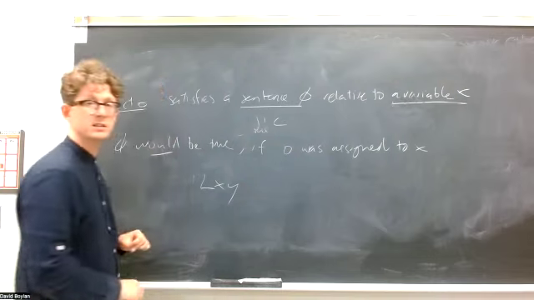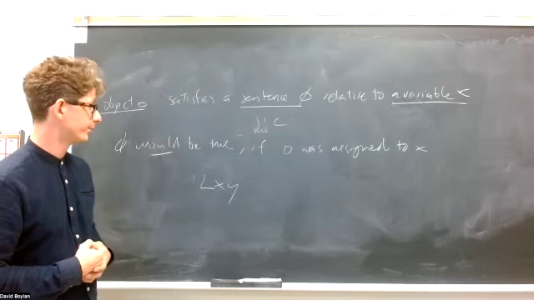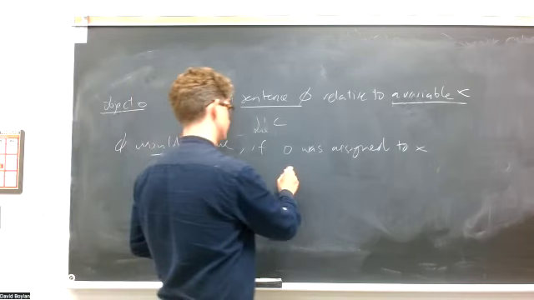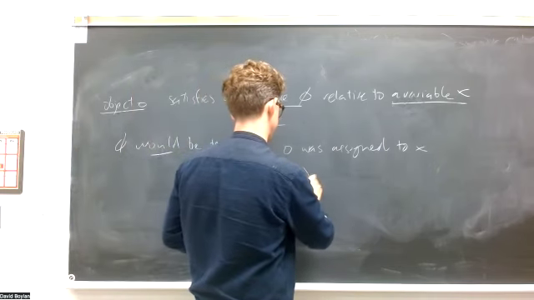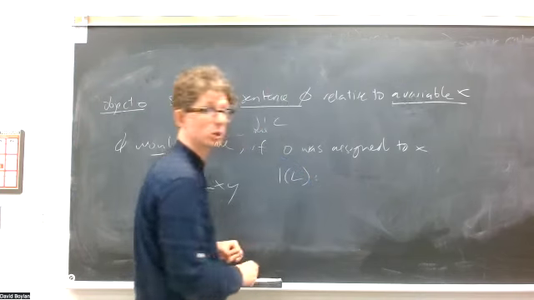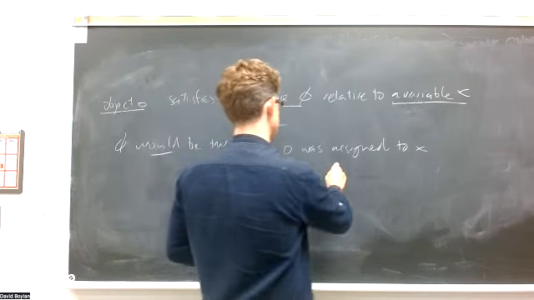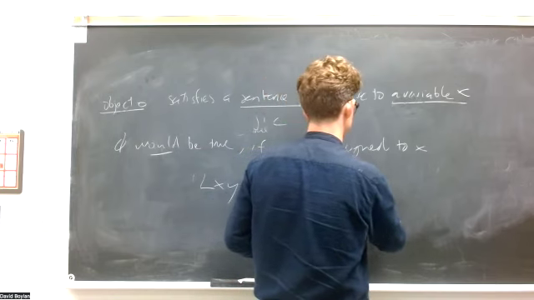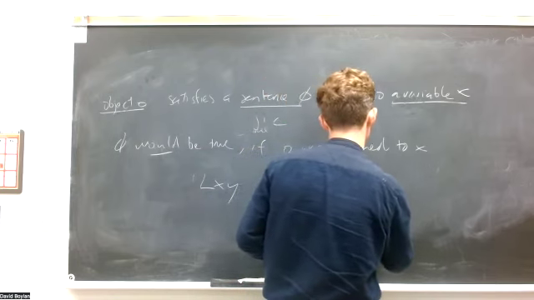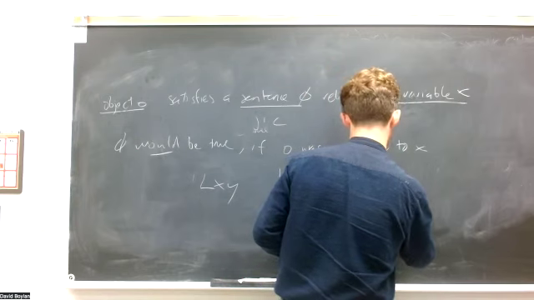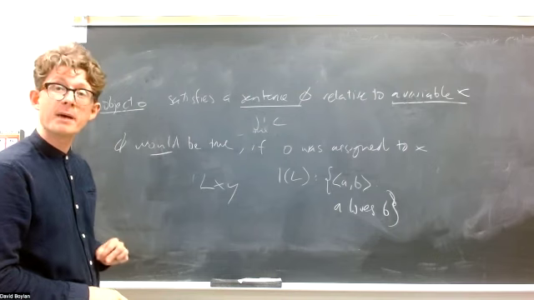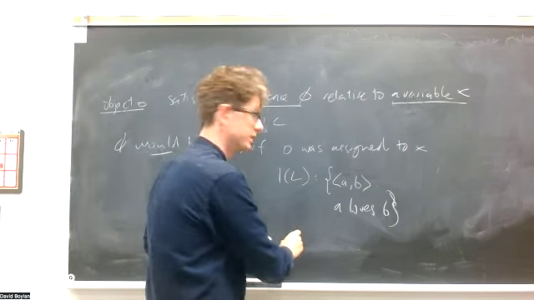So suppose we have a sentence like L of x y, and we'll say that L means loves, roughly. The interpretation of L is the set of pairs where A loves B. Let's imagine that Alice loves Bob, but not vice versa.